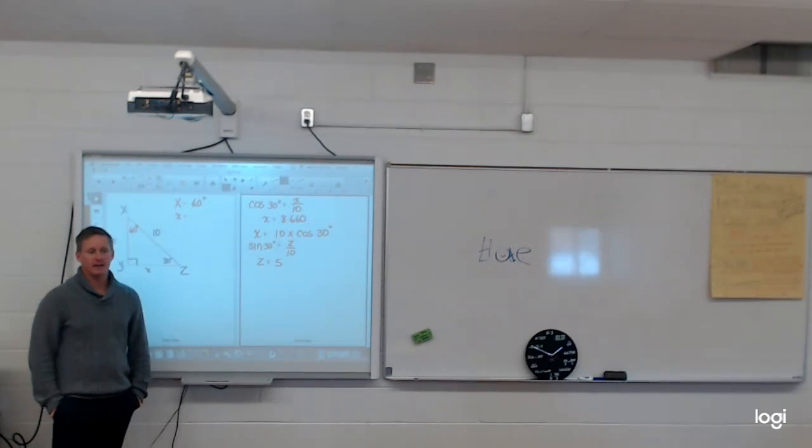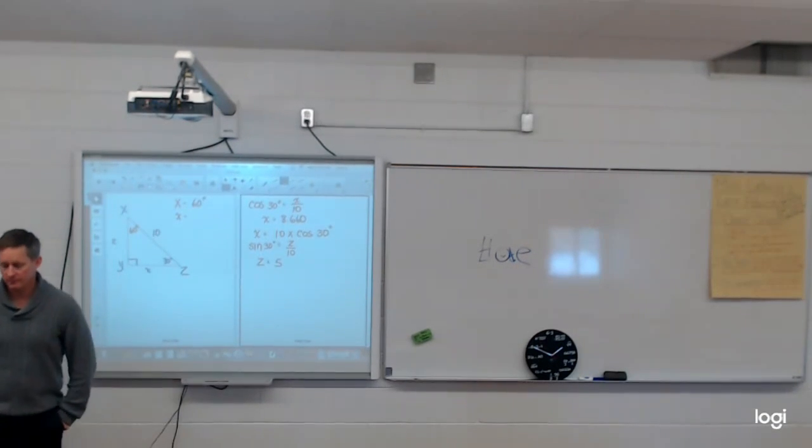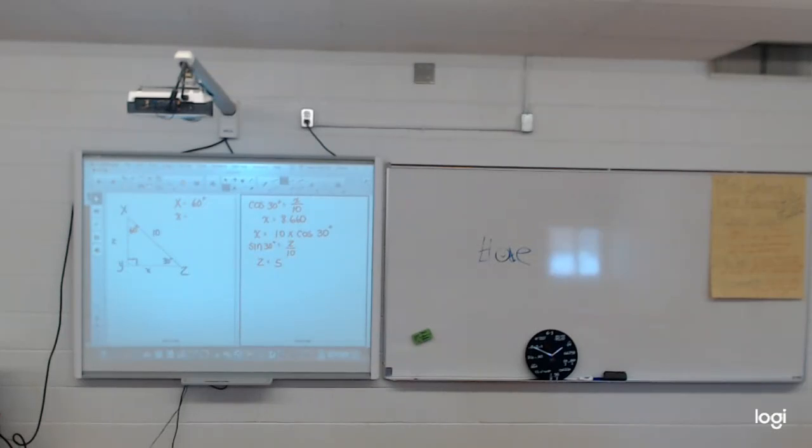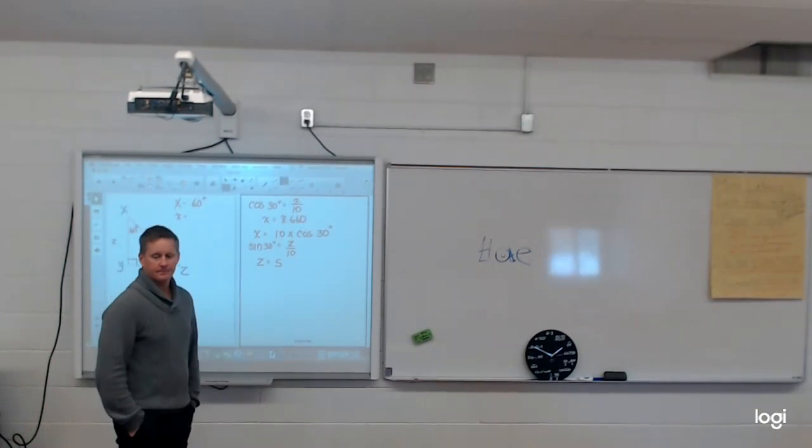If you can't, I need to know so that I can show you how to do it. Are you closing your bracket? Not second function sine, just sine. Sine 30, close the bracket, times 10. You didn't close your bracket. Do it again. It won't let me close it though.